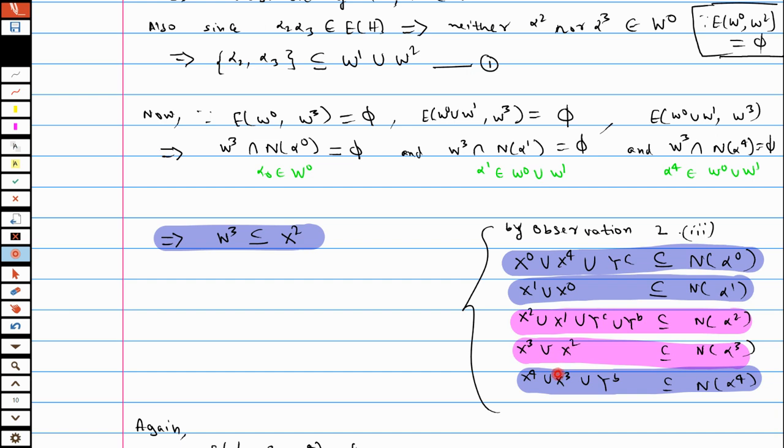So if we see what are the sets that are left: X0 is here, X1 is here, X2 is not there, X3, X4, YB, YC, all are covered, but only X2 is not there. So W3 can only be a subset of X2.